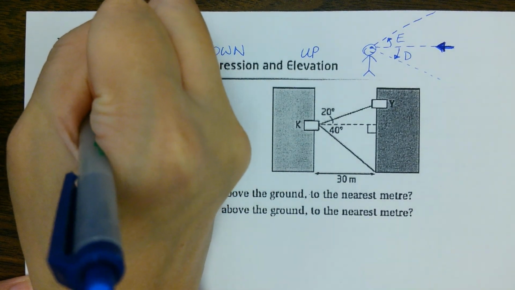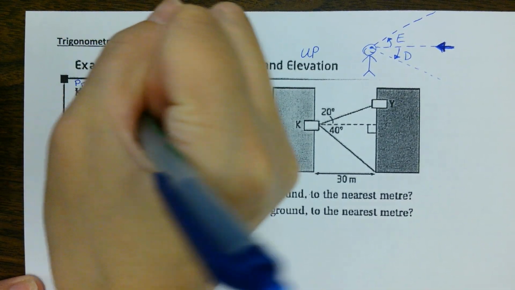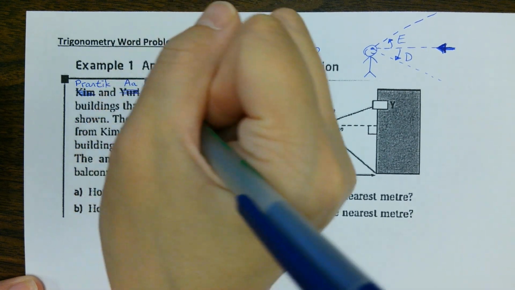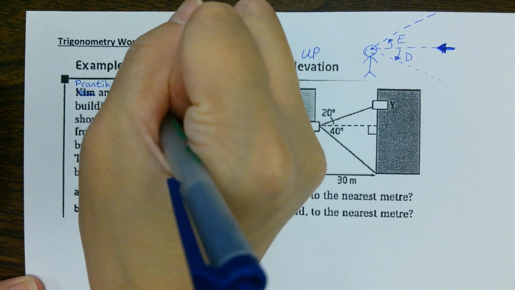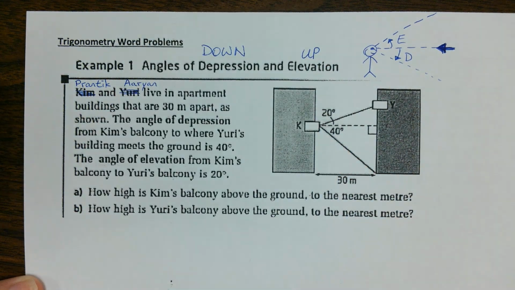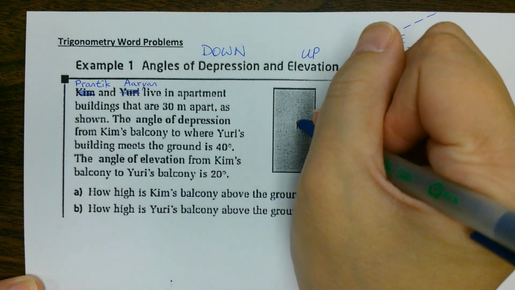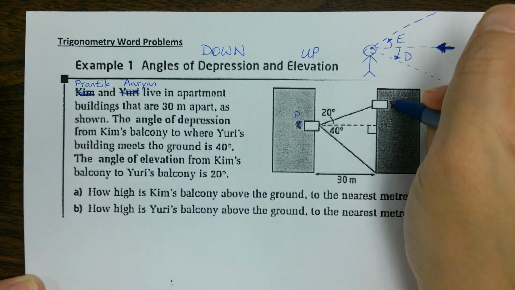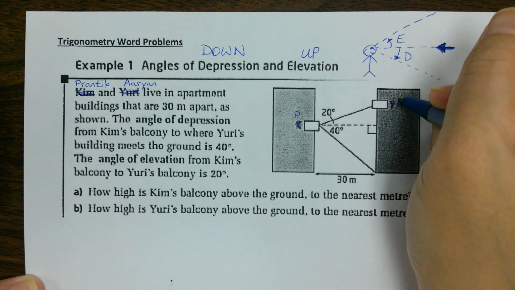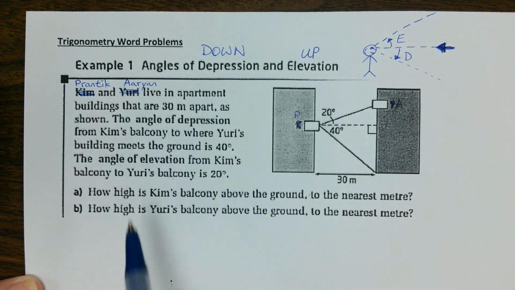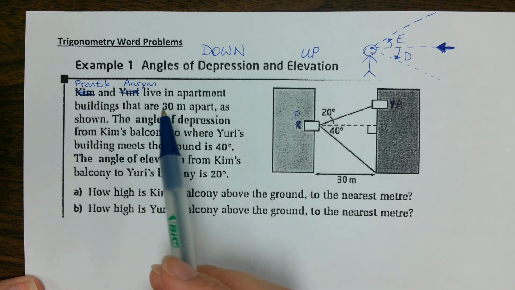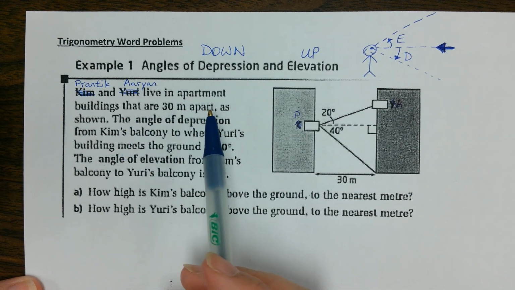So Prentik and Aryan. So this is P. This is A. You guys live in apartment buildings that are 30 meters apart.